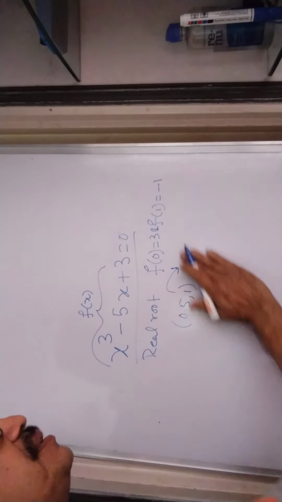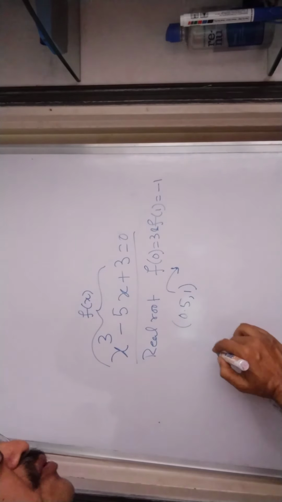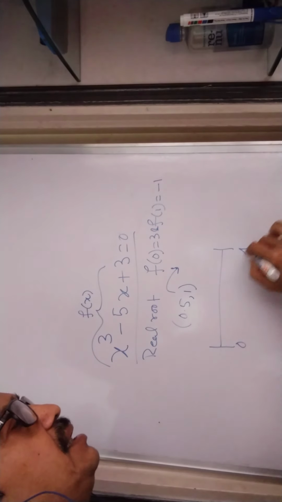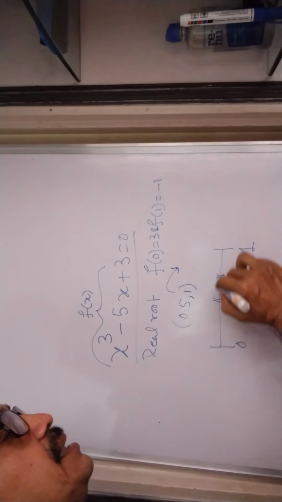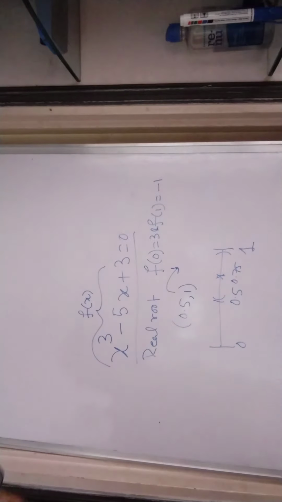What is the middle point of 0.5 and 1? This is 0, this is 1, this is 0.5, and the middle point of 0.5 and 1 is nothing but 0.75.